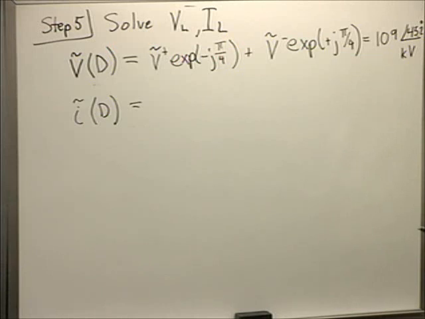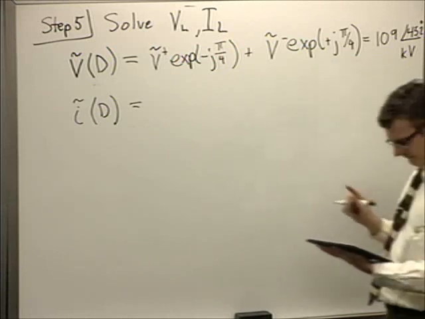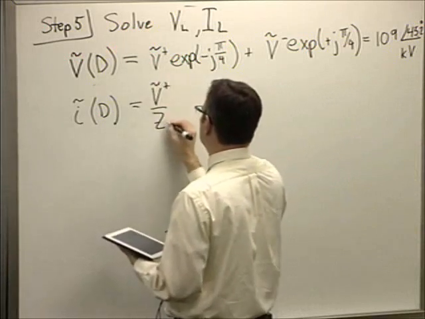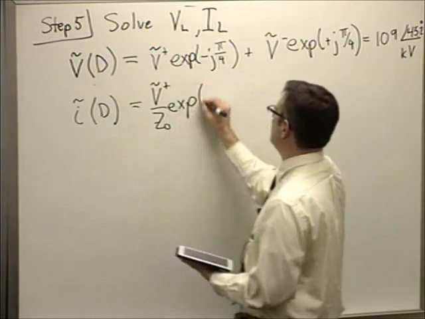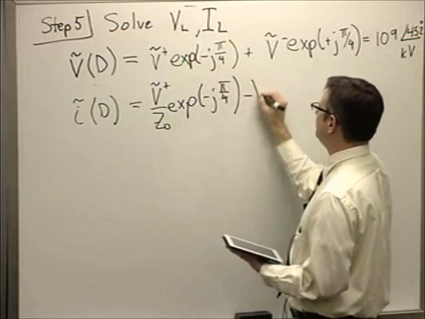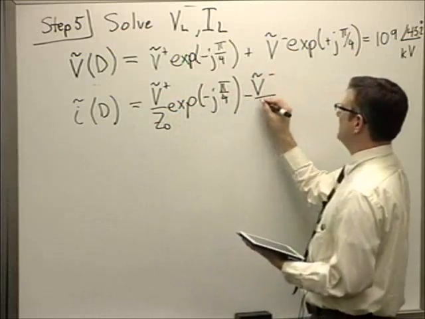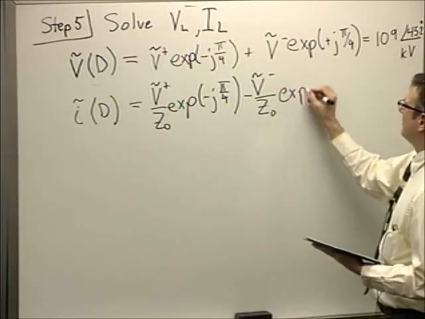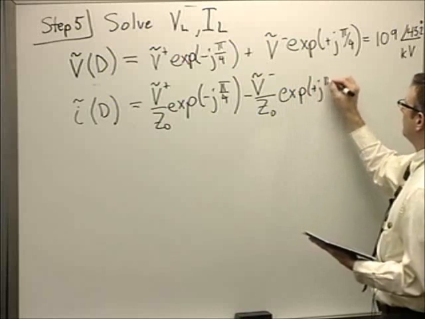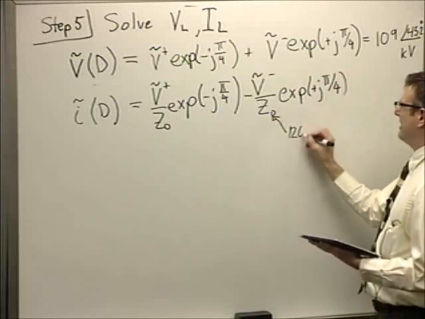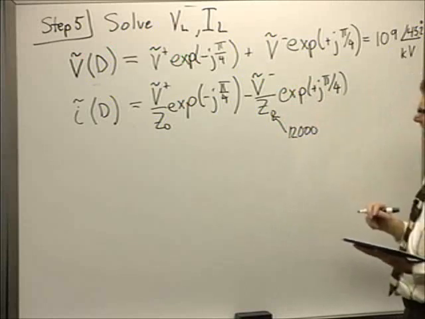When you calculate the current, you plug in these exact same numbers for your current expression, the V pluses and the V minuses that you solved in the previous step. Keeping in mind all the while that this is still 12,000 ohms of intrinsic impedance.